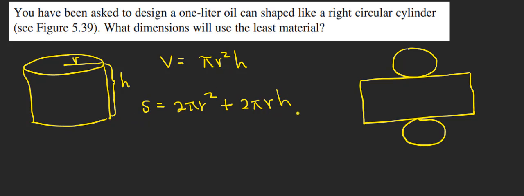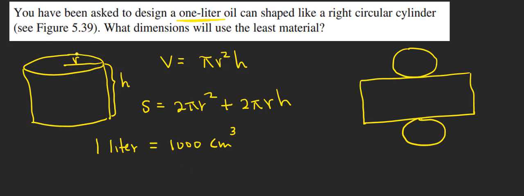And this is our primary because we need to find the derivative of that so that we get the least material. But we have a problem. We have two variables, r and h. So in order to make it into one variable, check this out. It says 1 liter. Now 1 liter is the same thing as 1,000 centimeter cube.